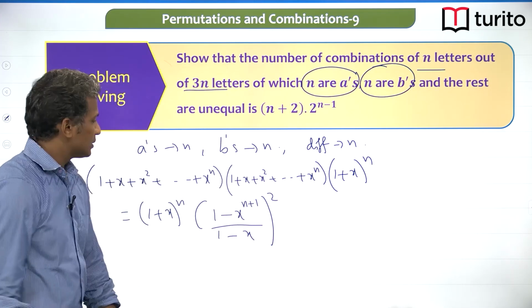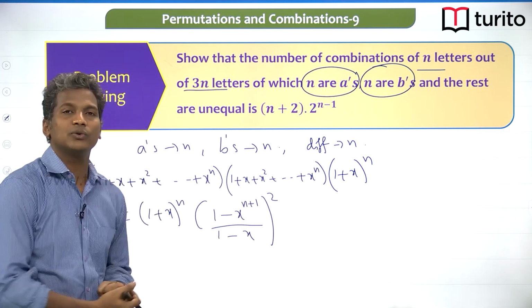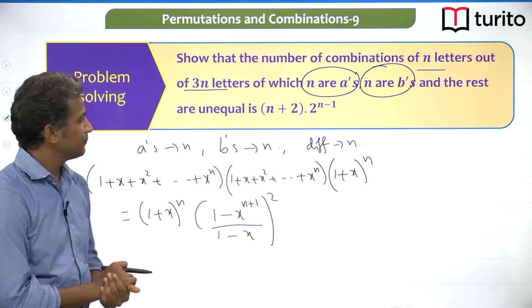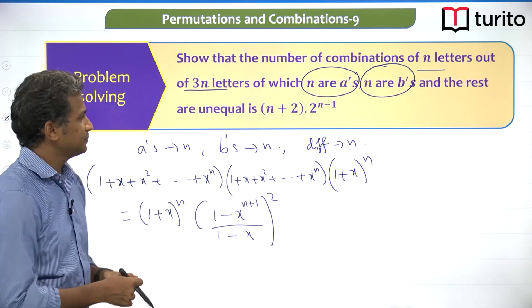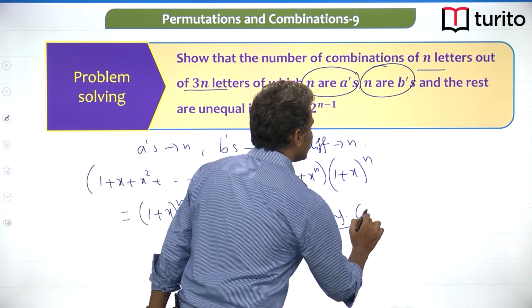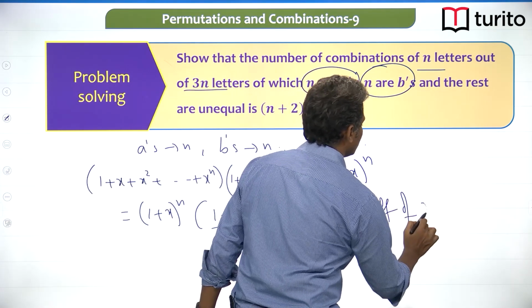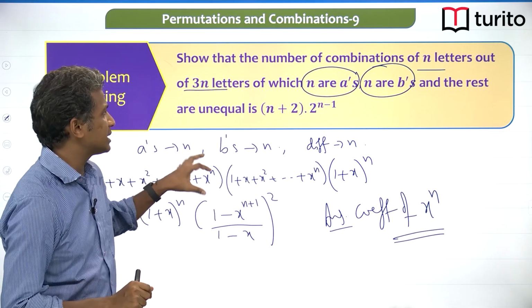So we will be expanding this using the negative binomial theorem, and we will be collecting the coefficient of x raised to n. So this way we can proceed with the problem solving. So our answer is going to be the coefficient of x raised to n. Here the workout could be a little longer, but you will still get the answer.